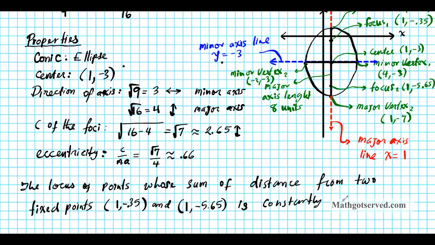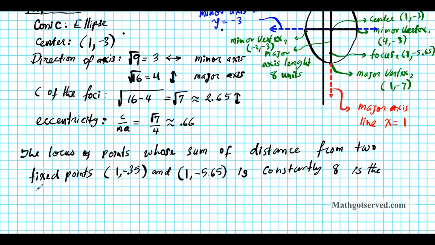the length of the major axis is constantly 8, is the ellipse with the equation 16x squared plus 9y squared minus 32x plus 54y minus 47 equals 0.